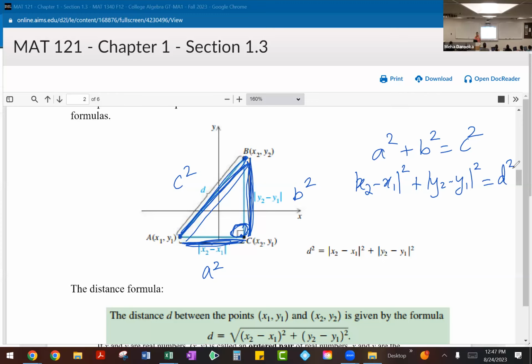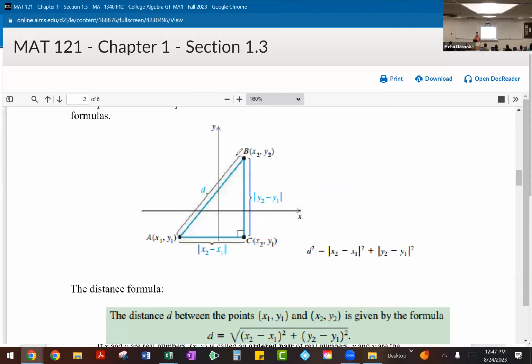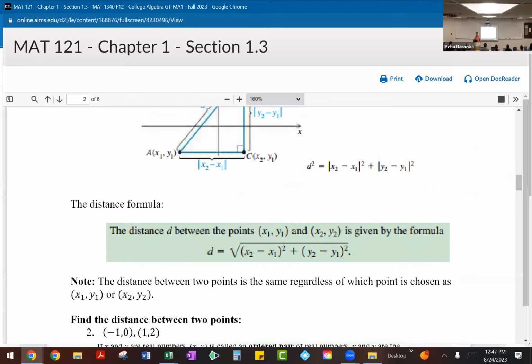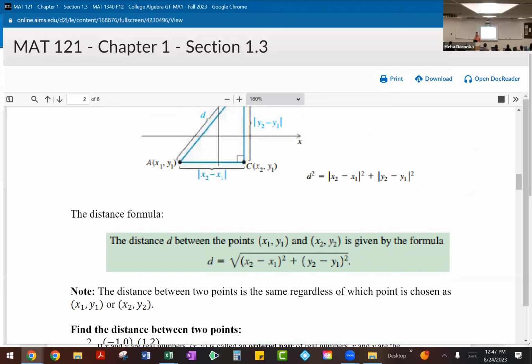The main two points we are interested in was figuring out the distance between this point here and this point here, but using the Pythagorean theorem to get there. You will see examples of the distance formula questions here.